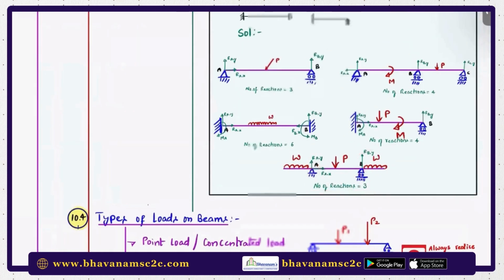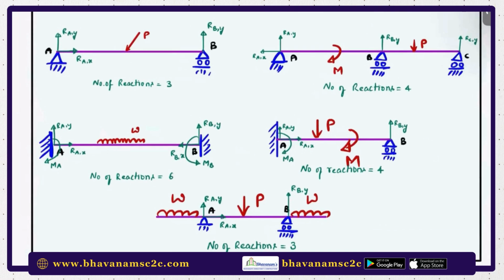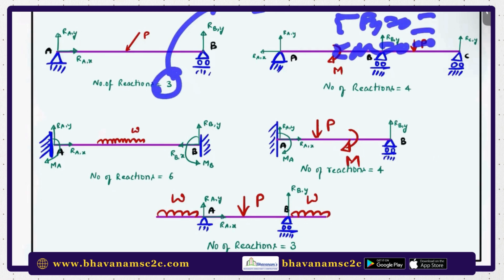Now, if you want to know much more about it, we will study it in mechanics of materials. But I will give a quick summary. If the number of reactions is 3, we know for a 2D system, we have 3 equilibrium equations. Sigma Fx is equal to 0, sigma Fy is equal to 0, sigma M is equal to 0. So the number of unknowns is 3, and the number of equations we have is 3.